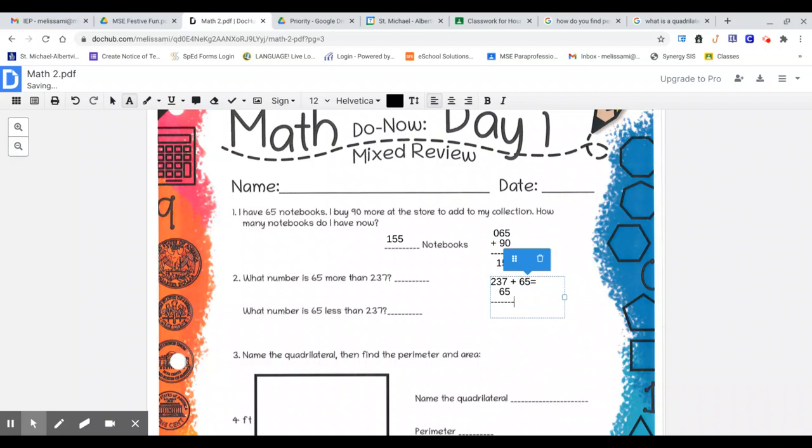So 5 plus 7 is 12, 2. I'm going to carry my 1. And then I have 6 plus 3 plus 1. First, 3 plus 1 is 4. 4 plus 6 is 10. So I can do a 0 here, and then a 1 up here, and then I get 3. So 65 plus 237 gets me 302.